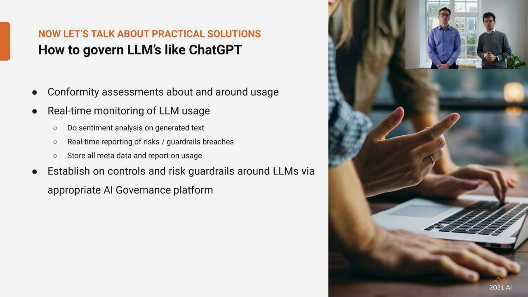The second building block in this will be a real-time monitoring of what people actually do with the LLM. And with the LLM, I'm being very generic here, because that could obviously be ChatGPT in the beginning, but there could probably also be large language models that are running on site at a large institution, not hosted by other third parties.